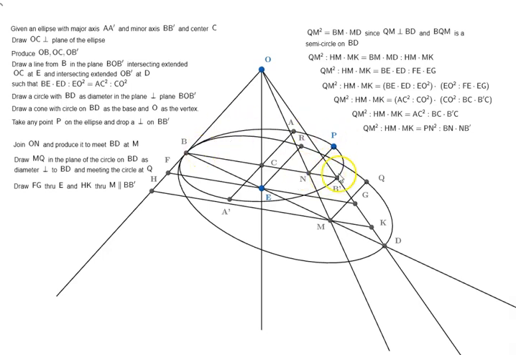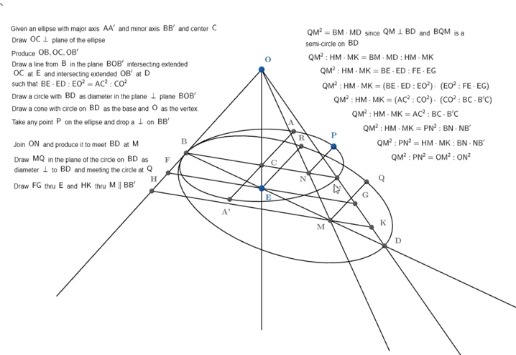And since it is the same semicircle, the ratios will remain the same. So alternately, we can say QM square is to PN square is equal to HM times MK is to BN times NB prime.